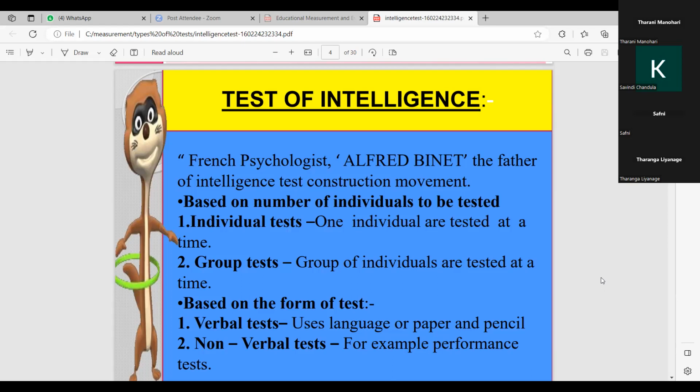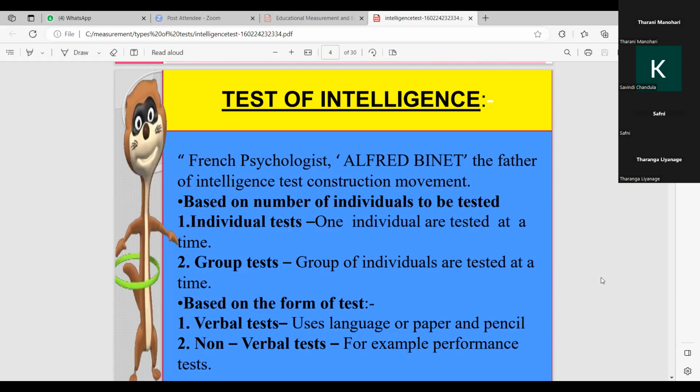Then we have different types based on the number of individuals to be tested. We can divide intelligence tests into two: individual tests and group tests. One individual is tested at a time.